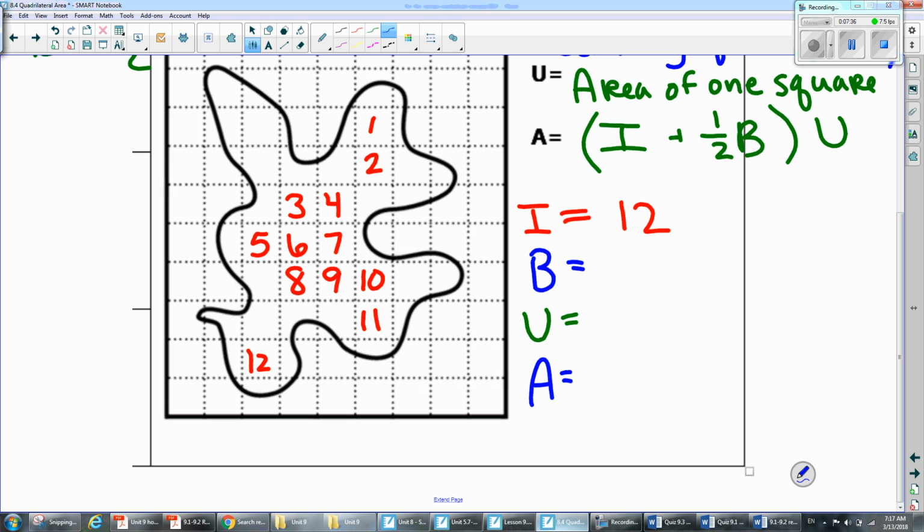Here's where I would want to switch colors. I have to go through, and if the squares contain any part of our lake, any part of the area, I'm counting that up as well. Just working around the edges to make sure I don't miss any. These are all of my boundary squares.